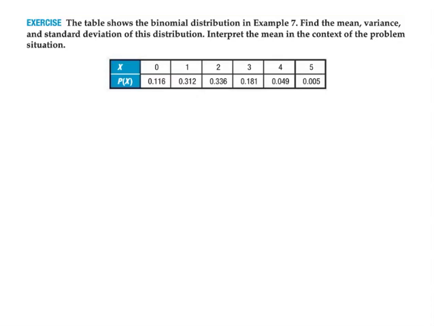Interpret the mean in the context of the situation. So if you go ahead and look at example 7, page 669, we know that the mean is equal to n times p.